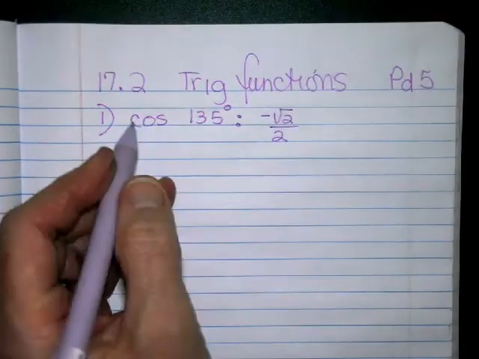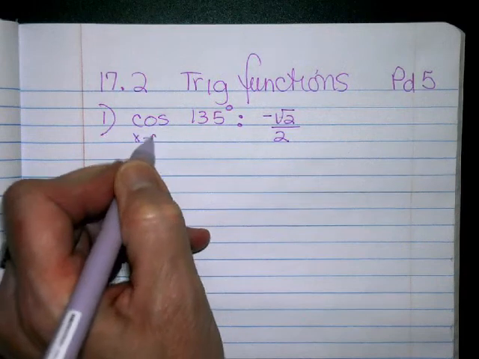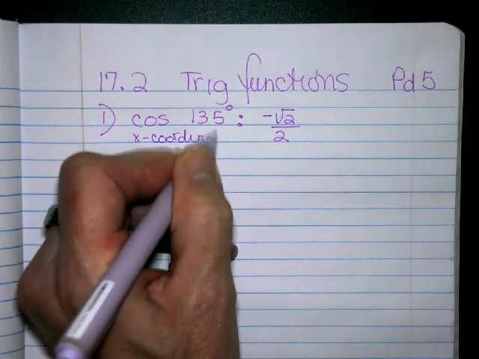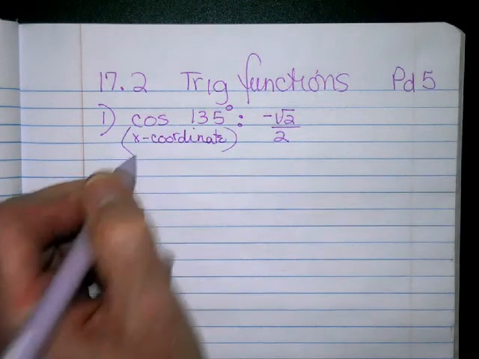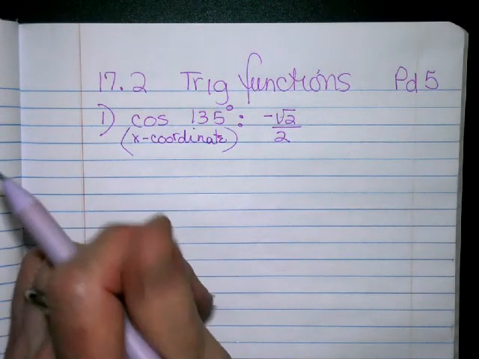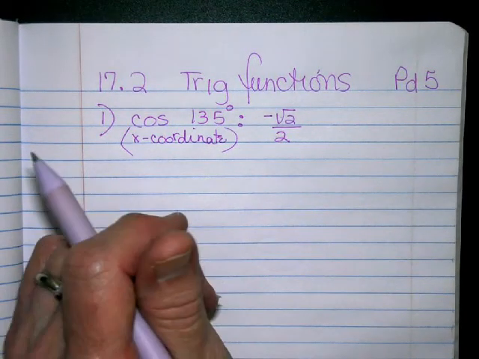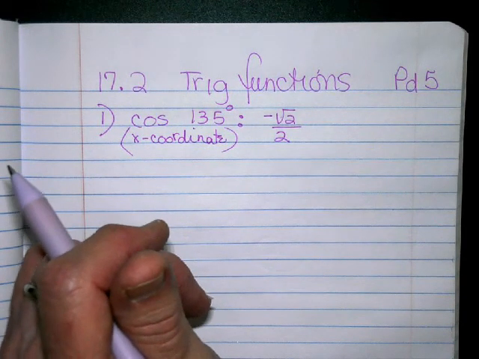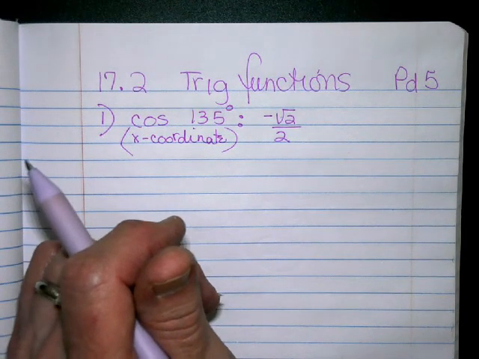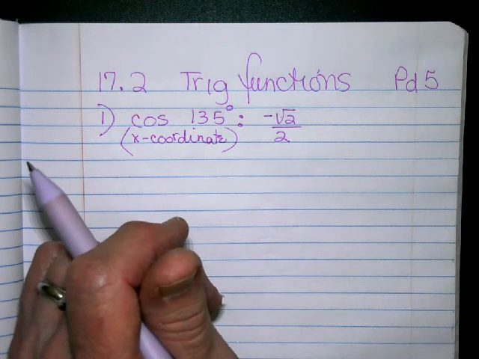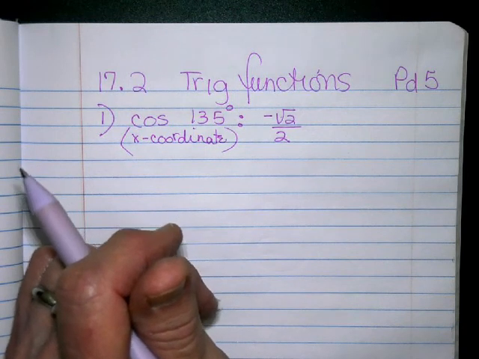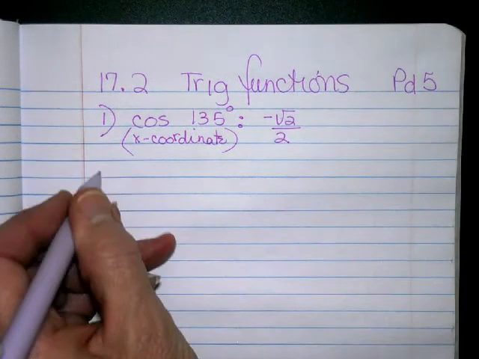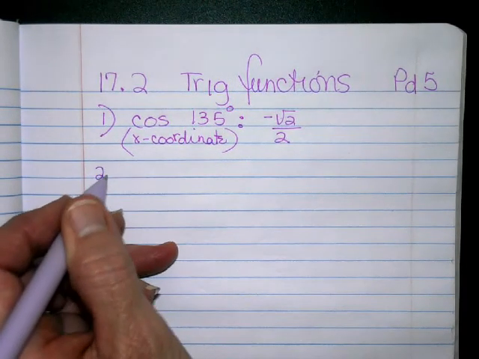What a nice coincidence. Remember, I'm looking for the x-coordinate on my unit circle. And you might get into a math class where they won't let you use the calculator. So we just don't want to depend entirely on the calculator. They want you to understand the unit circle and reference angles as well.